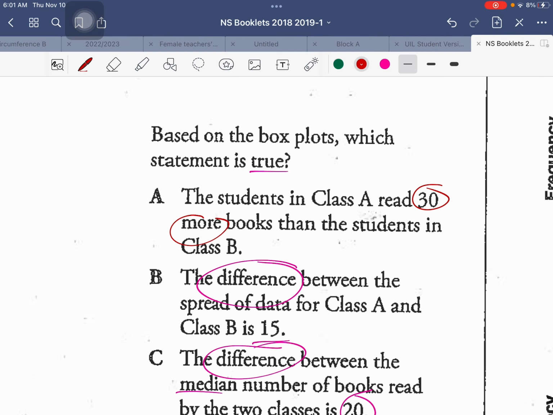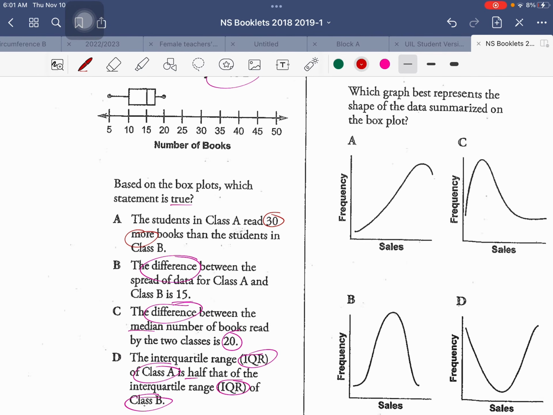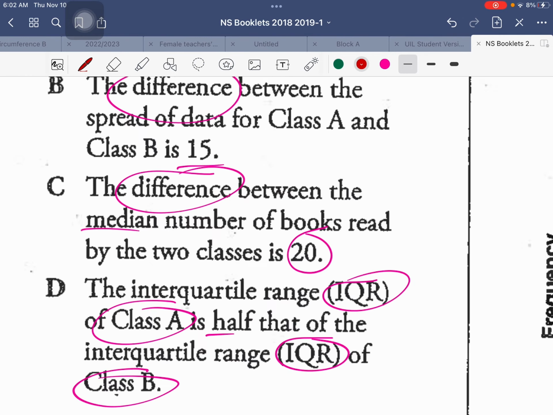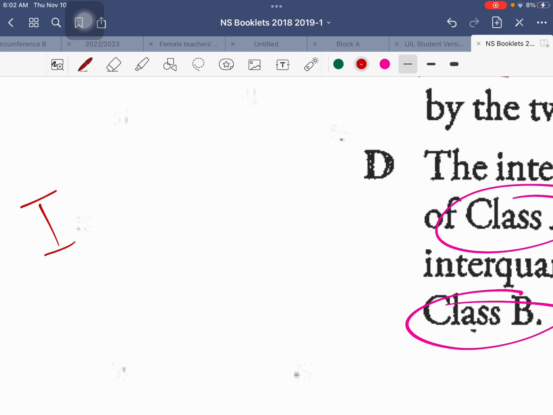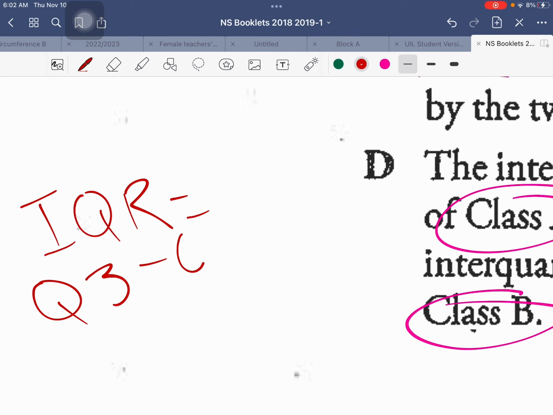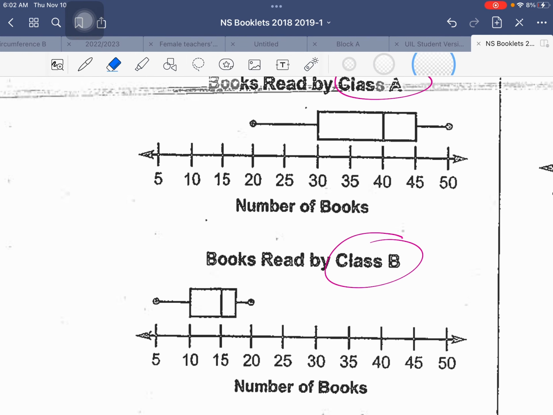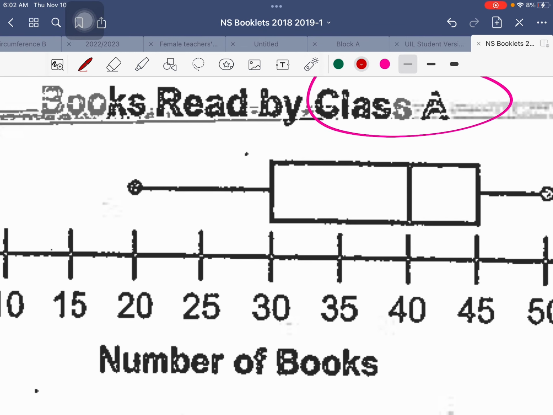30 more. Vamos a checar. So let's start with D, IQR, because IQR, the way you find it is Q3 minus Q1. So, because we're going to need the Q's, let's just label what each dot has for a number.